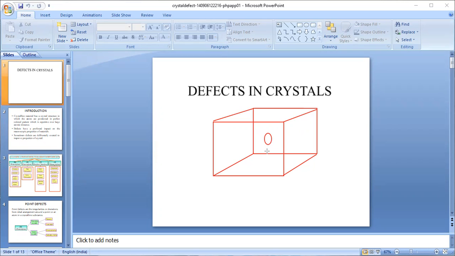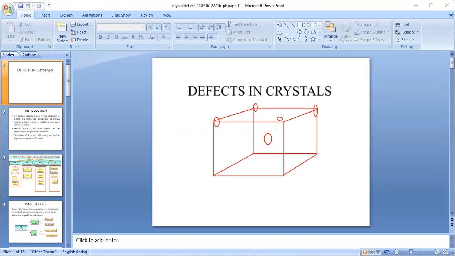In the same way, for face-centered cube, for the 6 faces of the cube, atoms will be present. By default you can see 8 atoms, one at each corner.